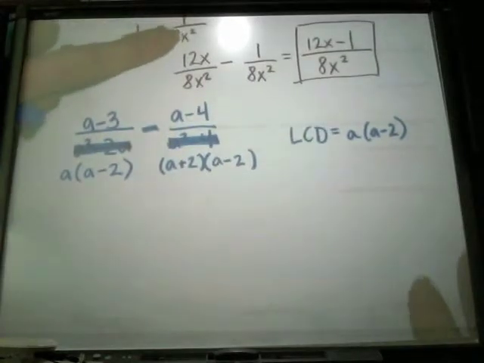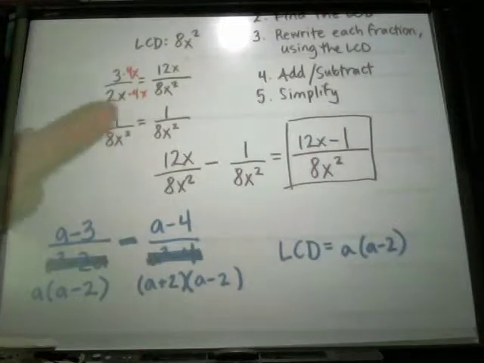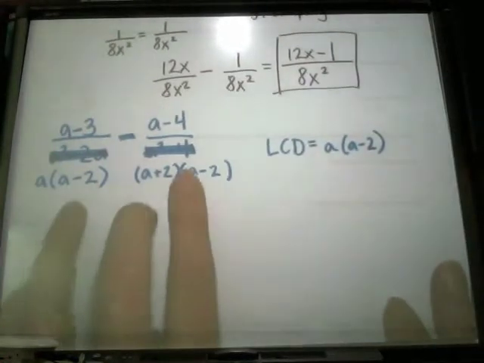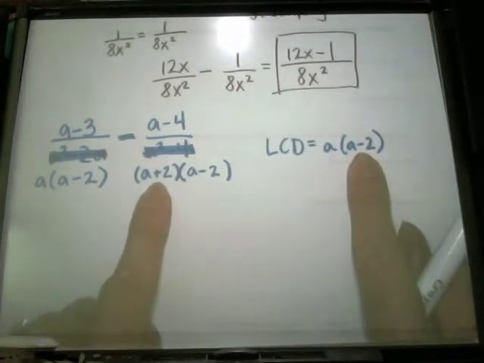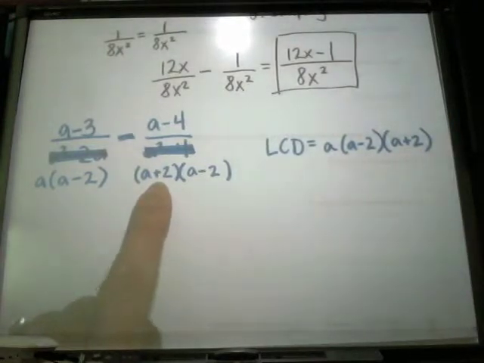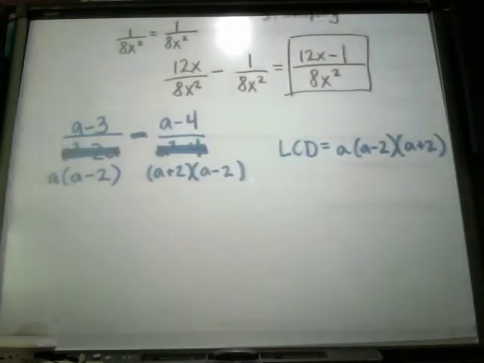When I had x and x squared, I have to take the square because they're squared in one of them. Neither of these is squared. So I just take one a minus 2, and then there's also an a plus 2. You've got to take every factor and put it into your LCD. Okay, so there's our LCD.